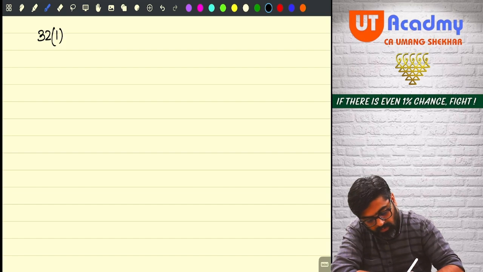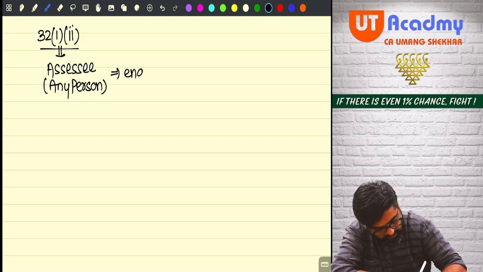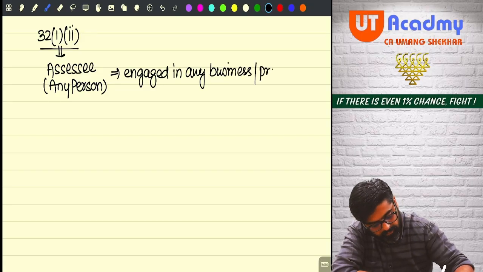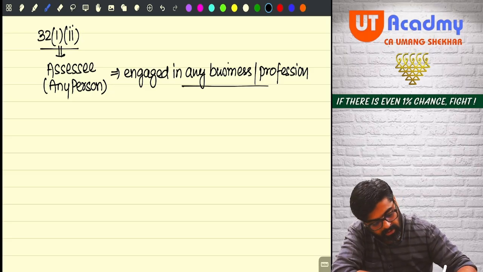Section 32 subsection 1 clause 2 says that if an assessee, any person who is engaged in any business or profession, and for his business or profession he has acquired assets.